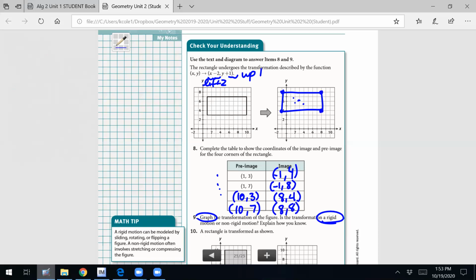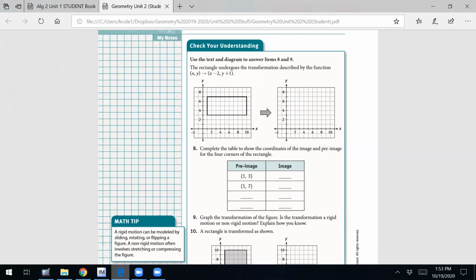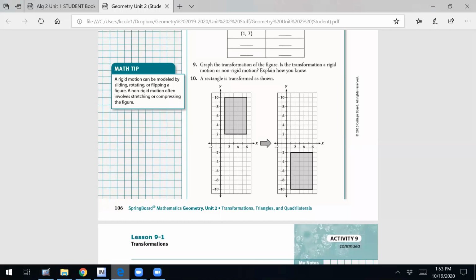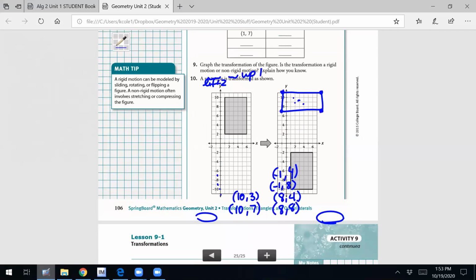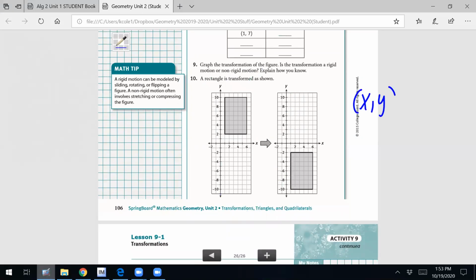Okay, number 10. Look at number 10. They want you to write a function for that. Remember that when you write a function, you are going to say x, y goes to something. You fill that something in. Where does x, y go to?